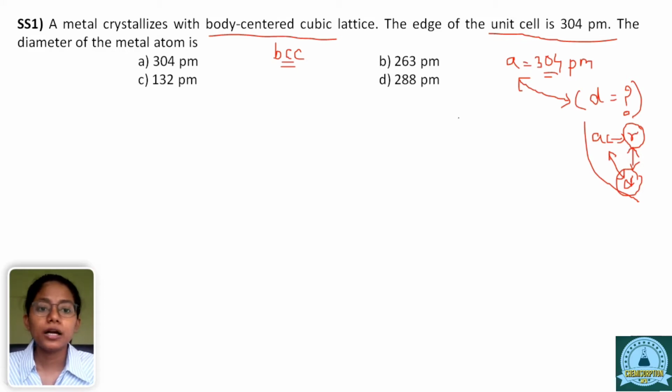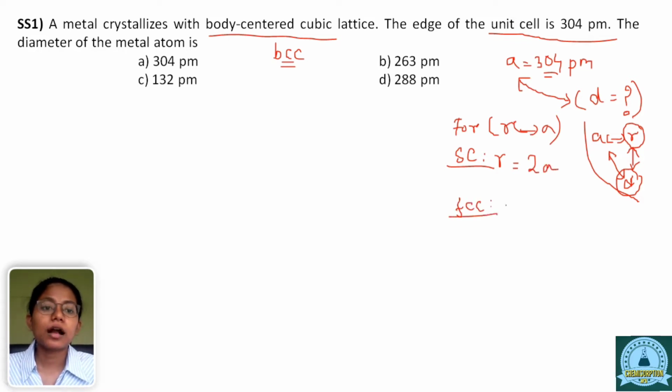Now for simple cubic, the relation between r and a: for simple cubic, r is equal to a by 2. For FCC, r is equal to 1 by 2 root 2 a.